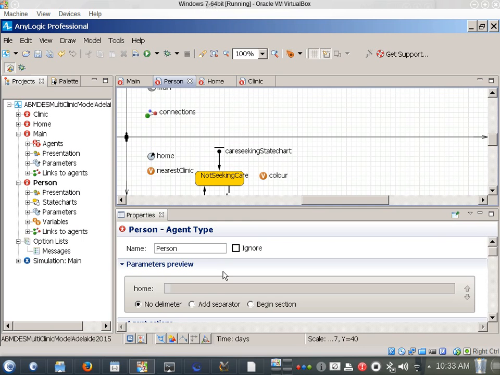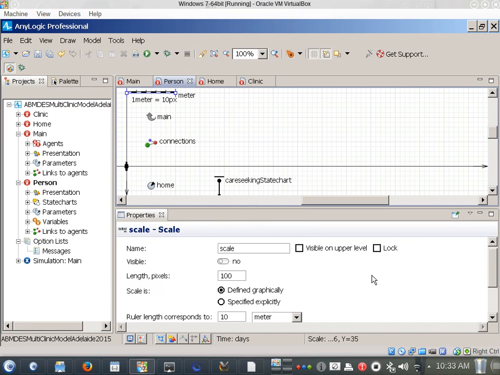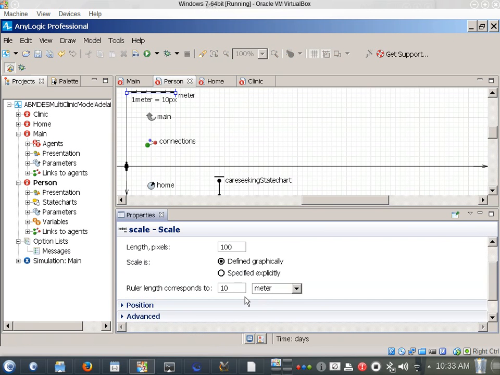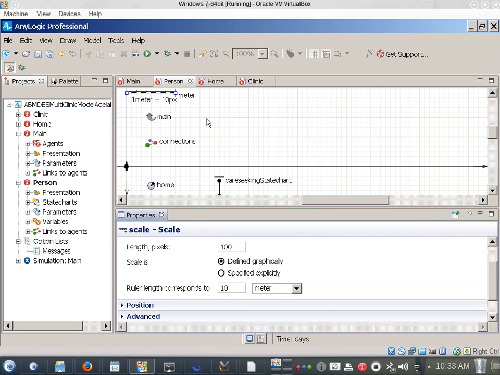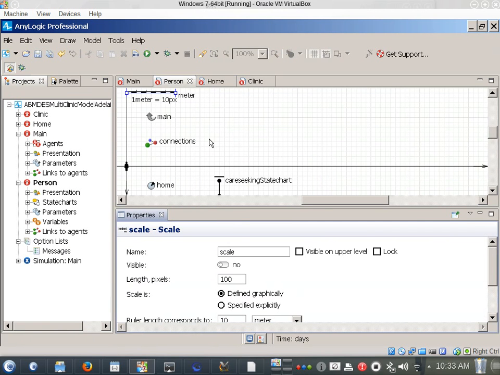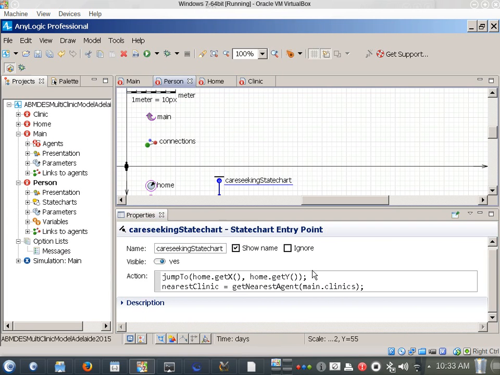So one option will be to change this scale. We could change that in a couple of ways. One thing we might want to do is set their velocity to be slower.